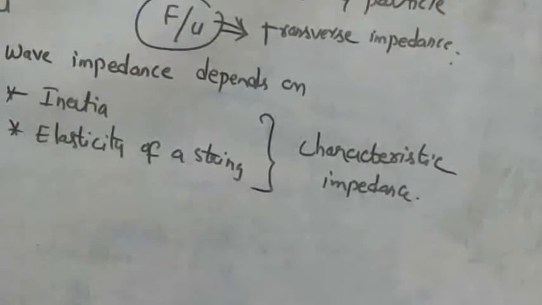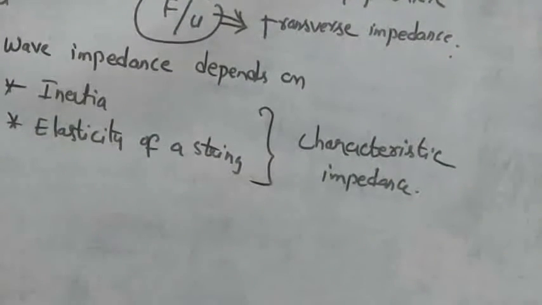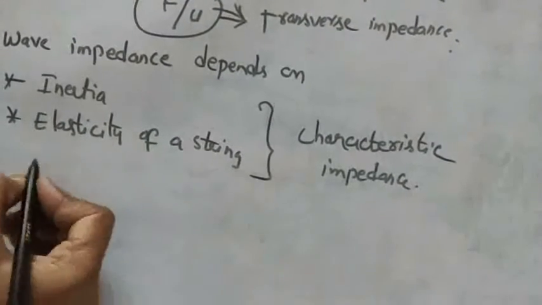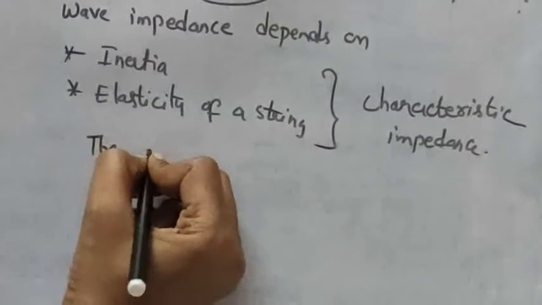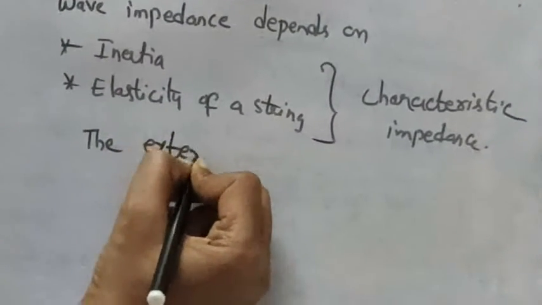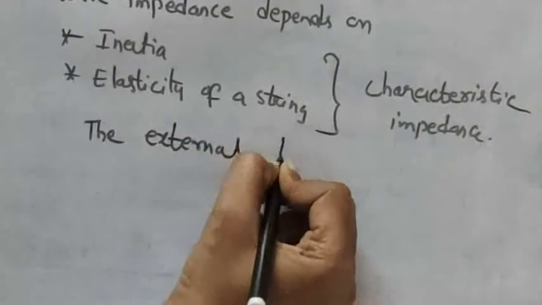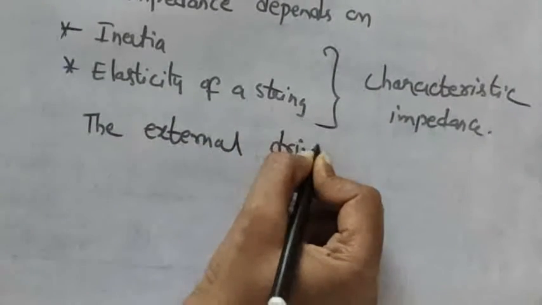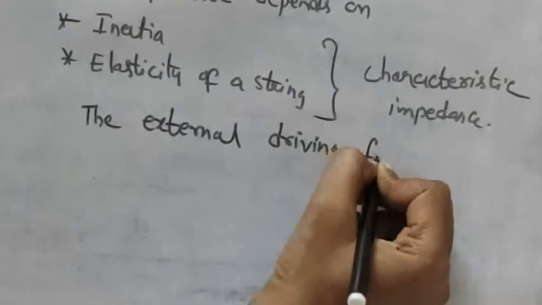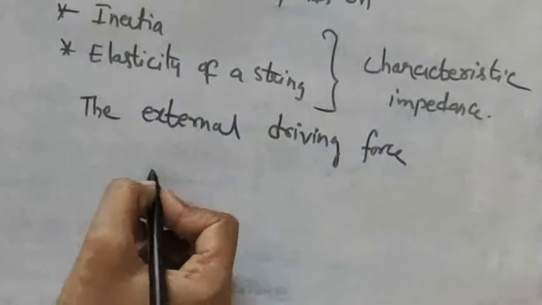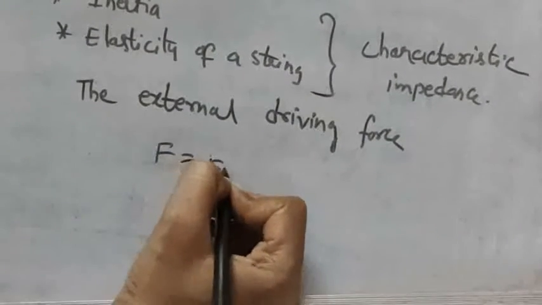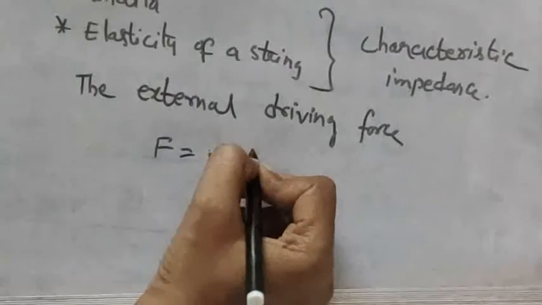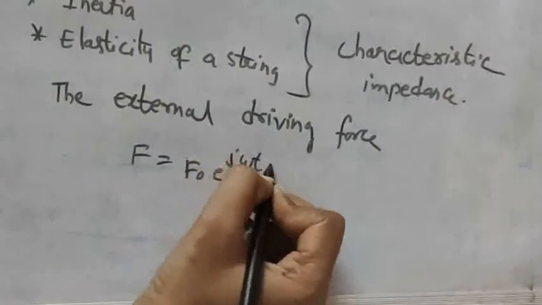Now we are considering the external driving force. The external driving force F is given by F is equal to F naught e power j omega t.